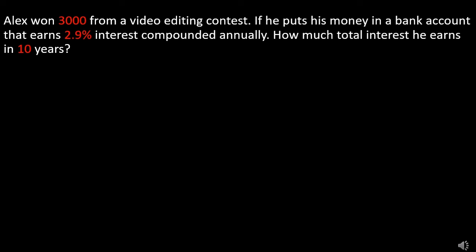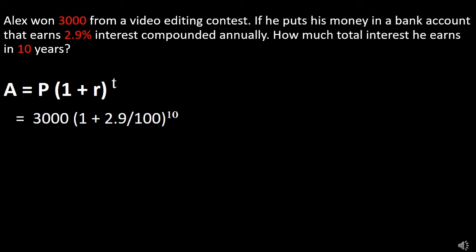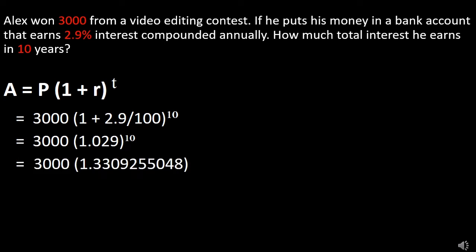How much total interest is earned in 10 years? The principal is 3,000 and the rate is 2.9%. So the formula is amount equals P times 1 plus R, raised to the exponent. So 2.9 divided by 100 equals 0.029, plus 1 equals 1.029, raised to the exponent, which is 10, the time.